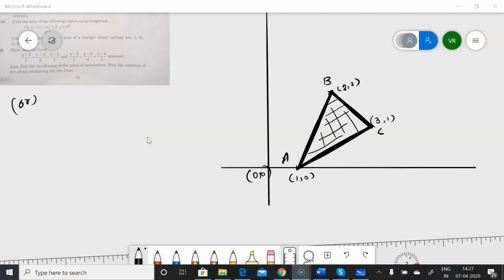Now look into the next sum. Using integration, find the area of the region bounded by the triangle whose vertices are 1, 0, 2, 2 and 3, 1.